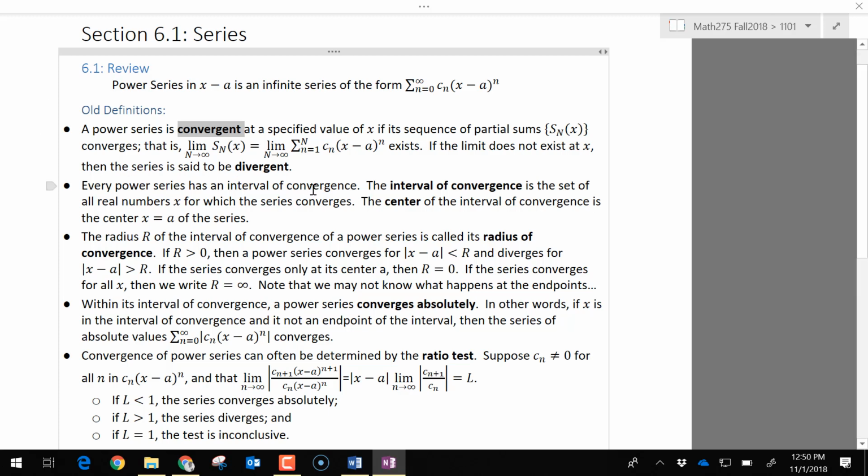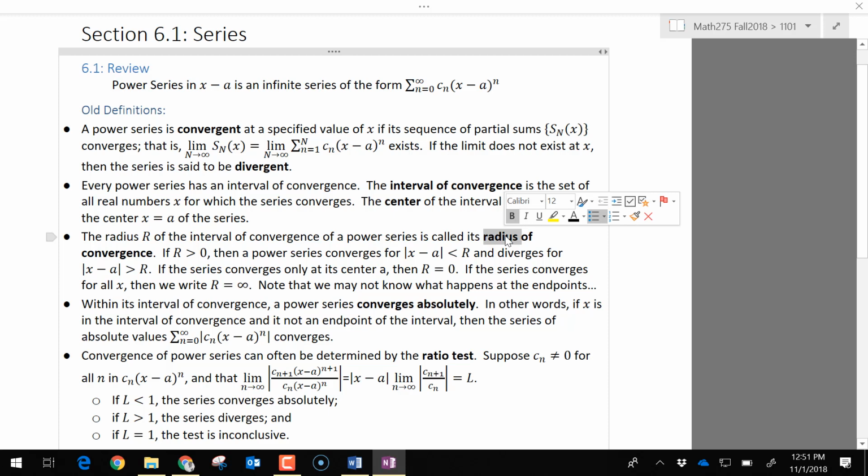Every power series has an interval of convergence, a set of x values where it converges. In fact, there's a center of the interval of convergence, and it converges to the left and to the right of that center, and it goes as far out as it needs to go before it doesn't converge anymore. That distance from the center to the edge of where it converges is called the radius of convergence.